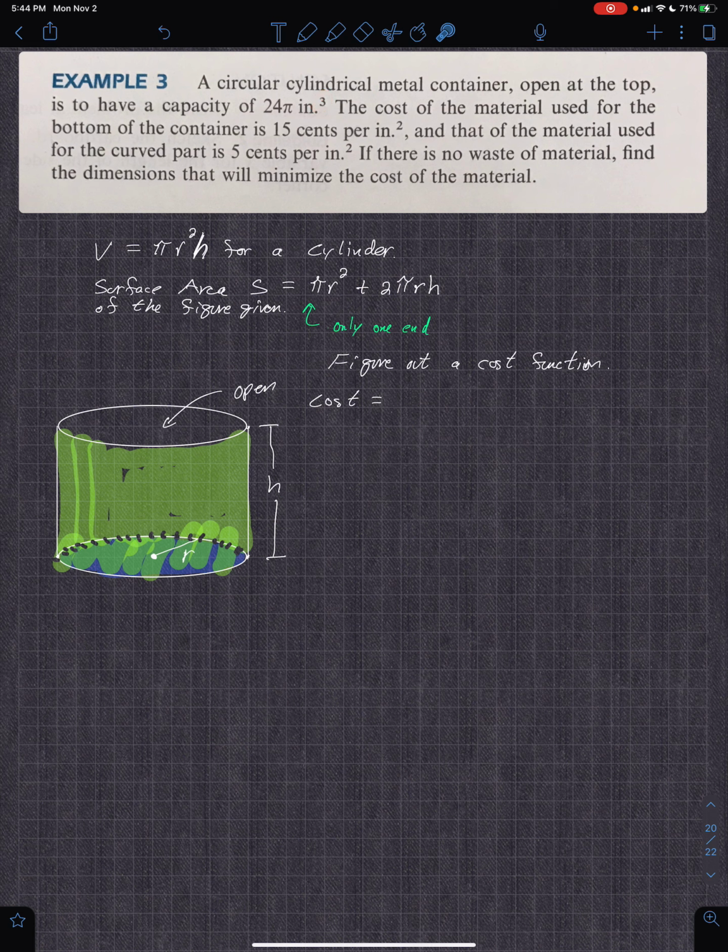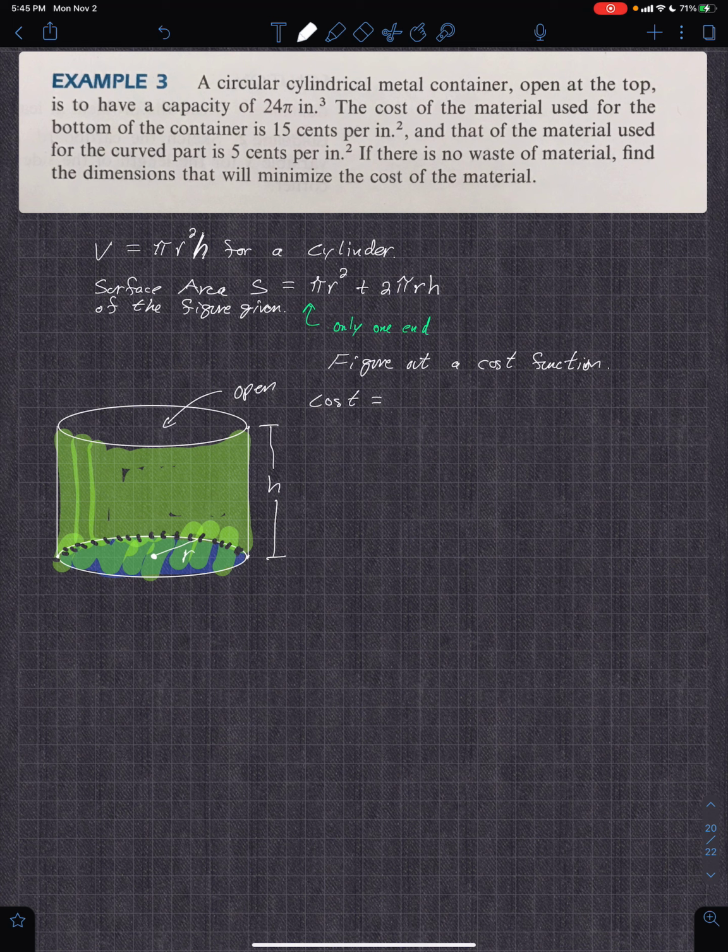That means it's volume. All right, so you're looking at 15 cents at the bottom and 5 cents on the sides. So this is the sides, which corresponds to the 5 cents. And this is the base, which corresponds to the 15 cents. So it's 15 times this guy, and then it's 5 times this guy.